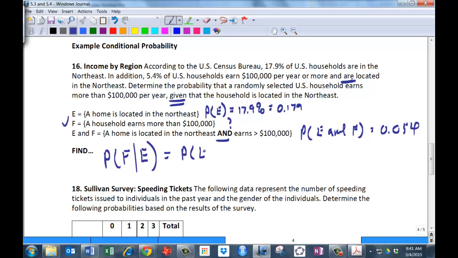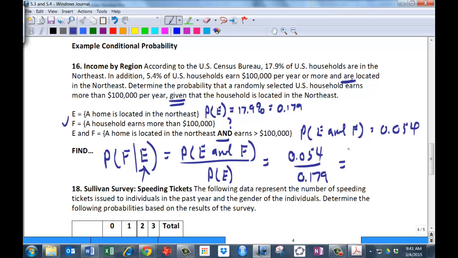This is probability of E and F divided by, and this piece here always goes in the denominator, probability of E. So do we have this information? E and F, yeah, we have that. And we have E is this. Okay, and so that's the probability. 0.3017.